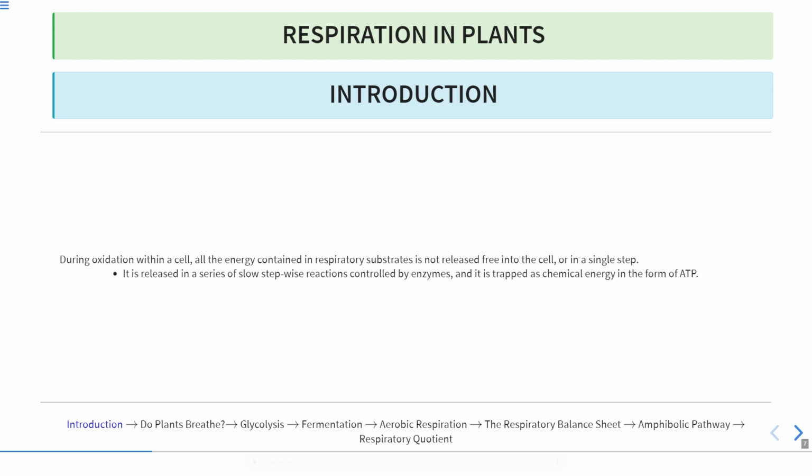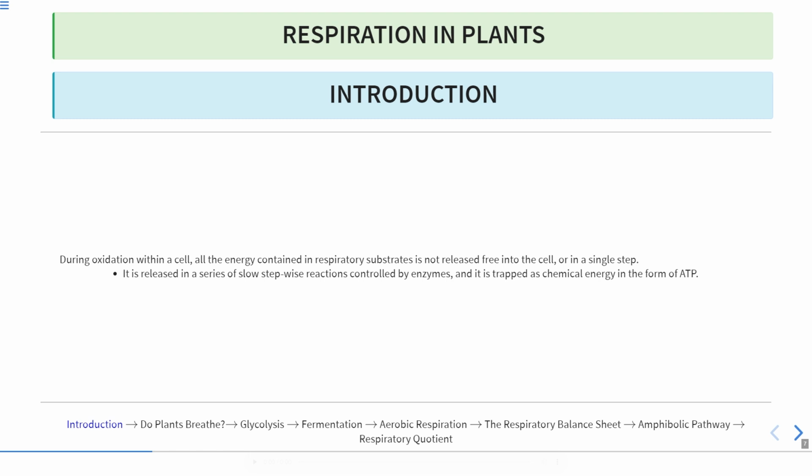Now, during oxidation within a cell, all the energy contained in the respiratory substrate is not released free into the cell in a single step.